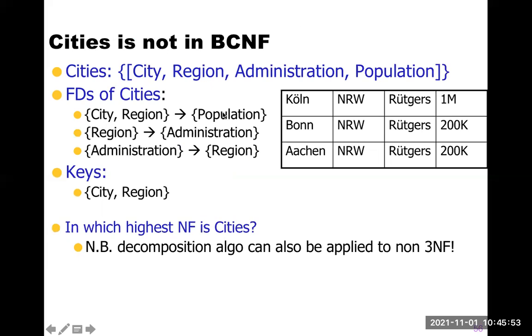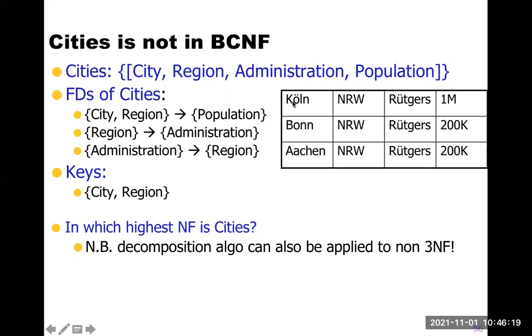Functional dependencies: population depends on city and region. Administrator depends on region, and each administrator defines a region. So we can't have the same governor or mayor in multiple regions. That's essentially a one-to-one dependency. Each region has its own governor, and each governor governs only a single region.